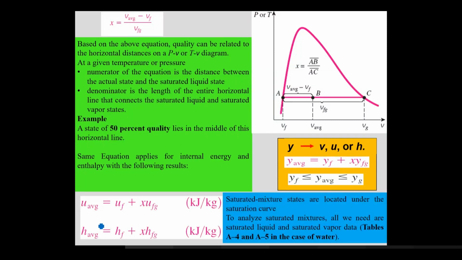Now, for calculations of mixtures, when you are in the mixed region, you only need tables A4 and A5 along with the property of the mixture, that is, the value of X or some information that relates to the value of X.